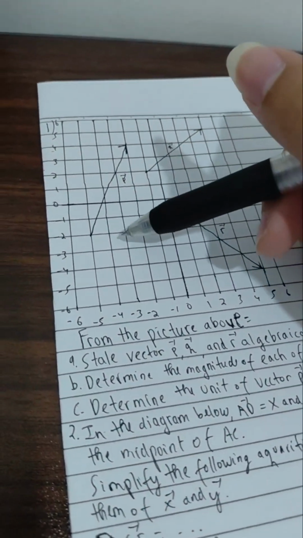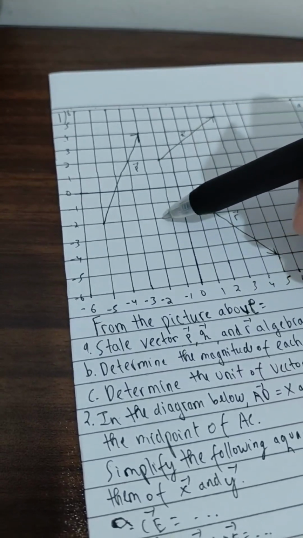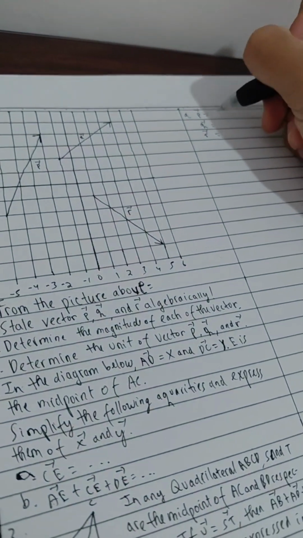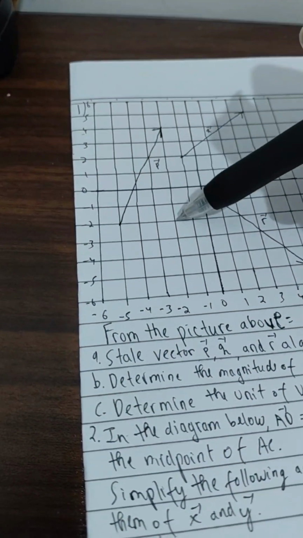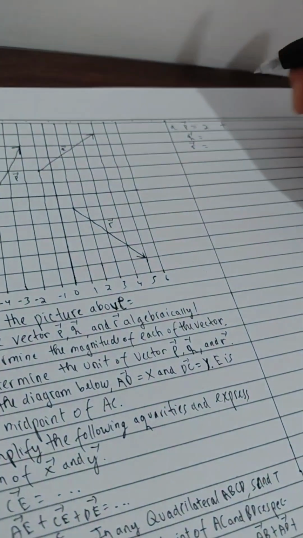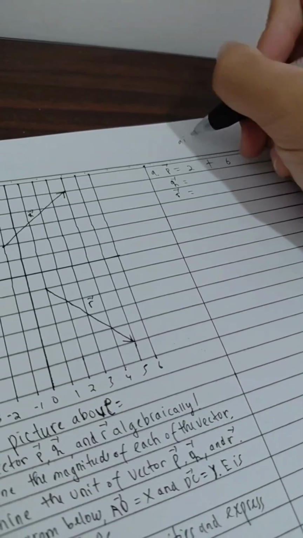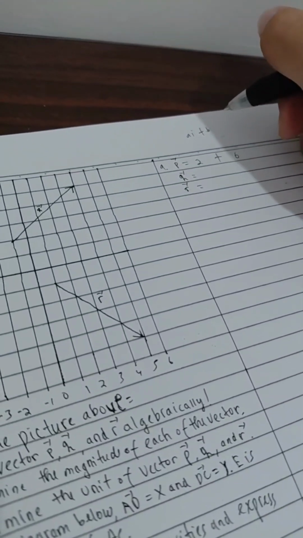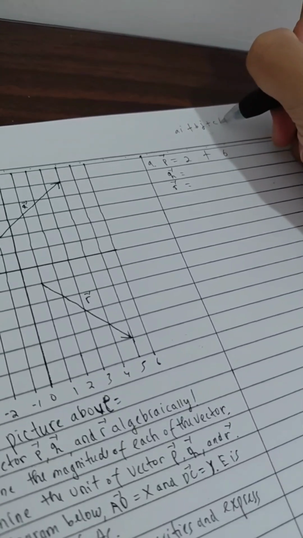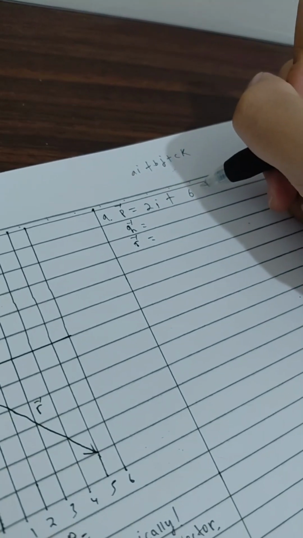So from this point to this is 1, 2, 3, so it's positive 2, and going up 1, 2, 3, 4, 5, 6, so 6. The formula is aE plus bJ plus cK. So this is 2E plus 6J.